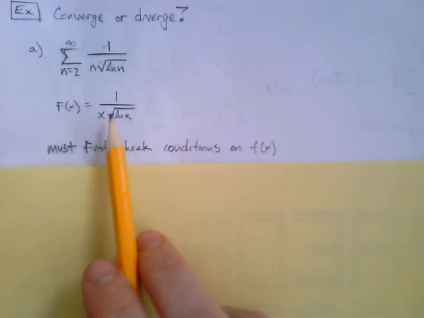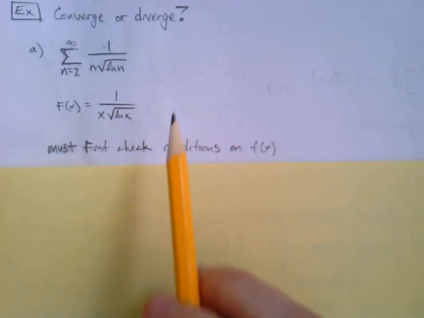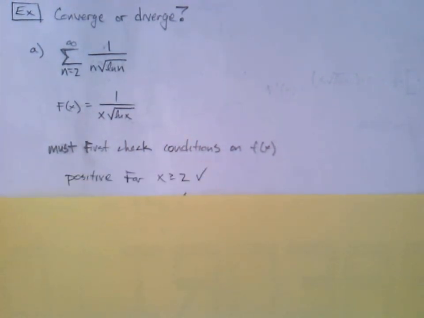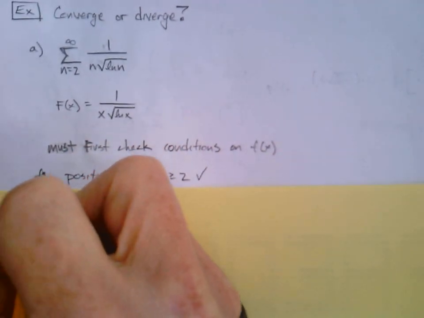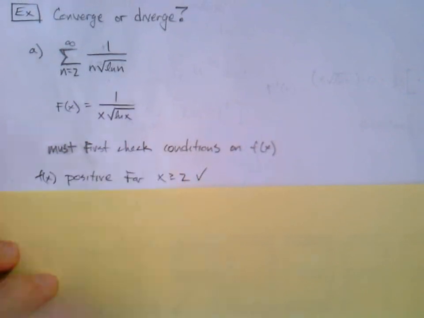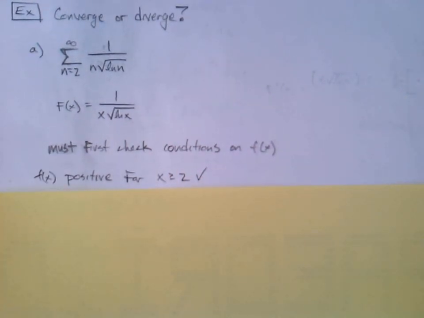And if I plug in anything bigger than 2, it'll still all be positive. There's no math to do there. We're just going to write it so somebody knows that we thought about it. Yes, that function is positive. Maybe I'll write f of x, be really clear. F of x is positive for x greater than or equal to 2. Check. There's no math to do. We can just observe that.